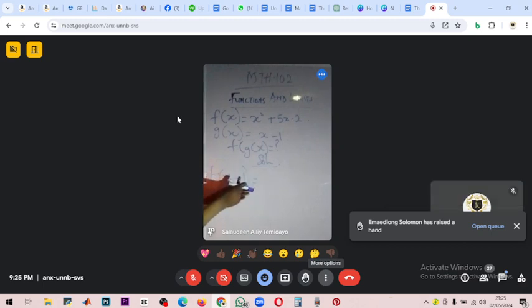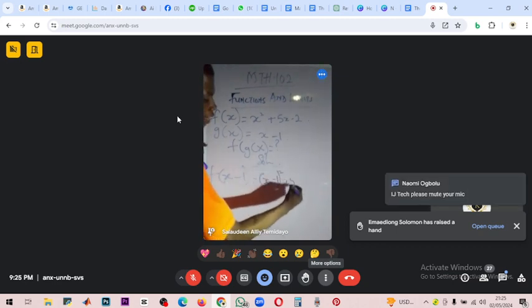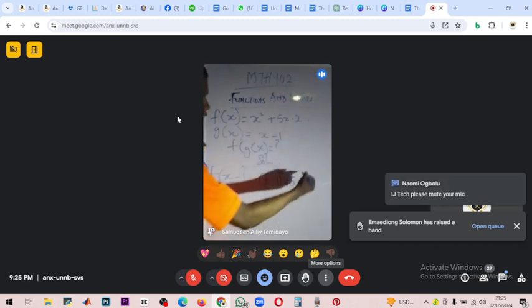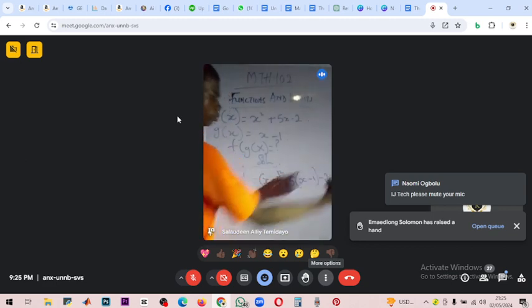So f of 1 would be representing x by 1. Apparently, f of x minus 1 should be representing x by x minus 1. Let's do that: x squared, that is x minus 1 squared, plus 5 times x, so whenever I see x, I'm using x minus 1 to represent it, minus 2.